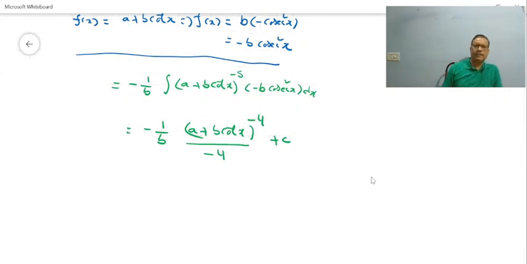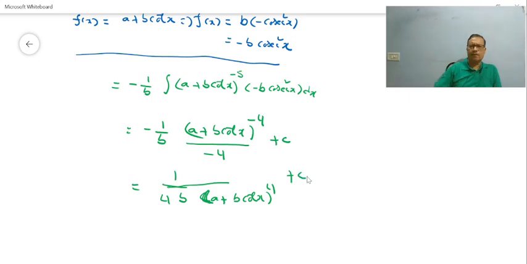This minus minus gets cancelled. So this is equal to 1 by 4b. I take this (a + b cot x)^(−4) into the denominator, so that's equal to (a + b cot x)^4 plus constant.